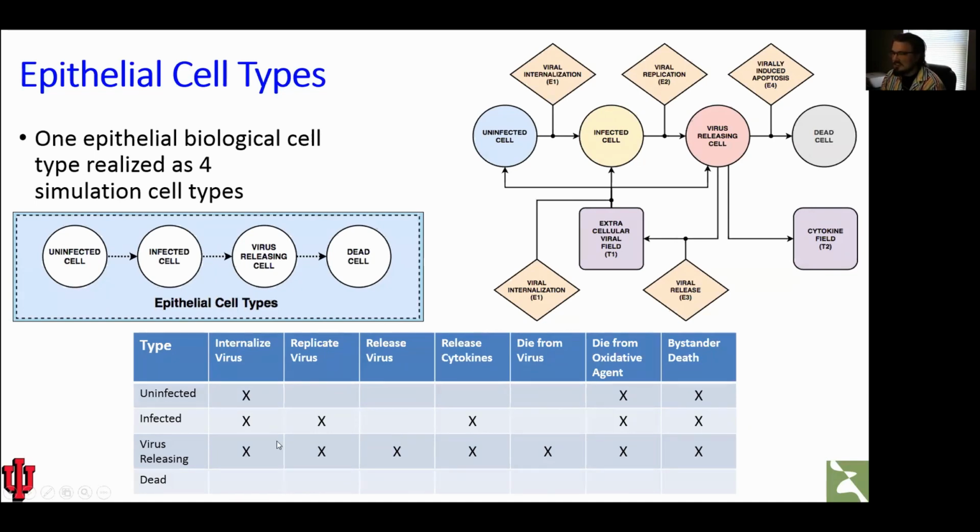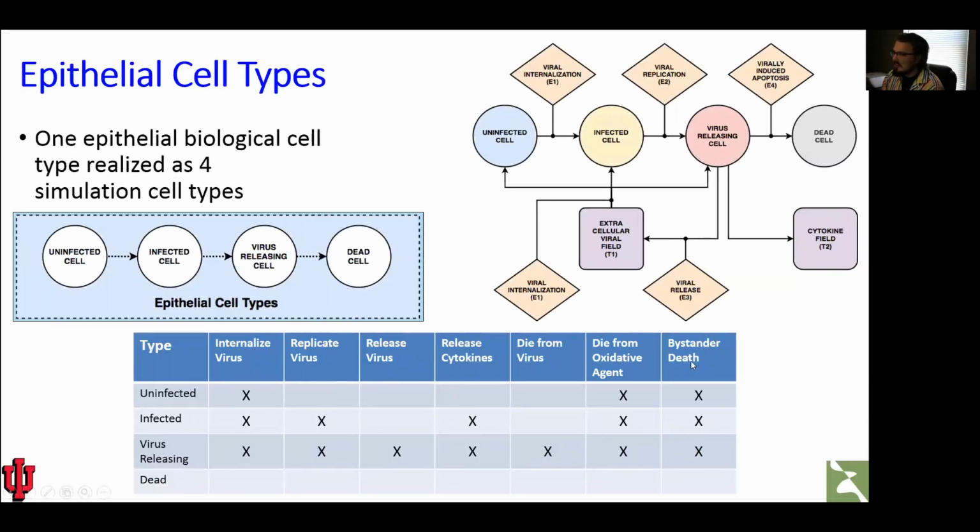Our virus-releasing cell type specifically denotes when an infected cell can begin to release virus into the extracellular space. Both infected and virus-releasing cells release into our cytokine field, whereas only the virus-releasing cell can die due to effects from viral production.